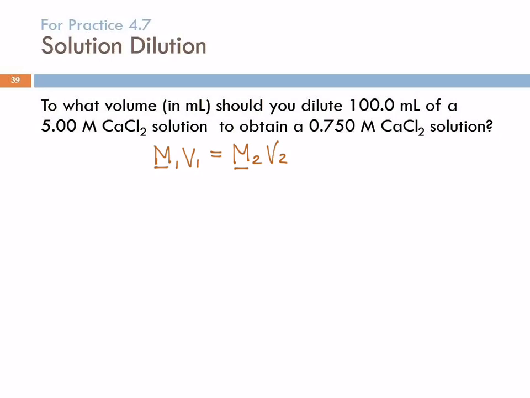So let's say that the first solution that shows up in the problem is going to be the first solution. So we've got 100 milliliters, so that's a volume. Volume 1 is 100 milliliters of 5.00 molar. So that's the concentration.